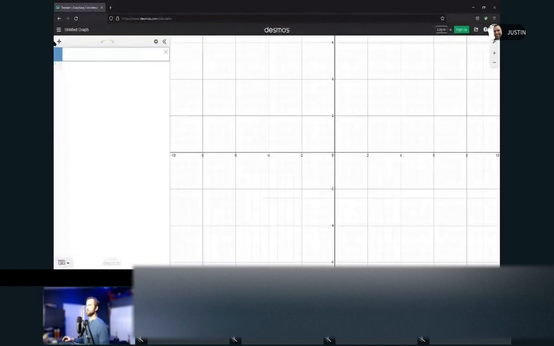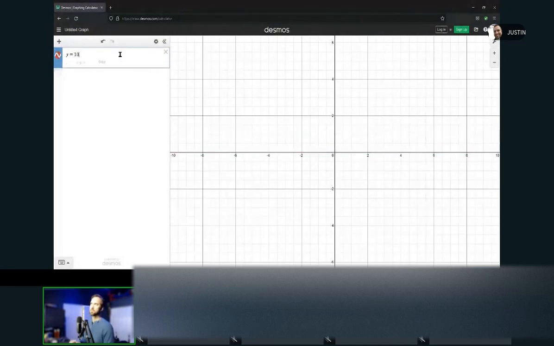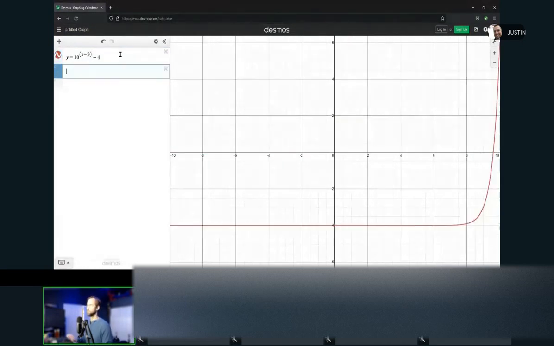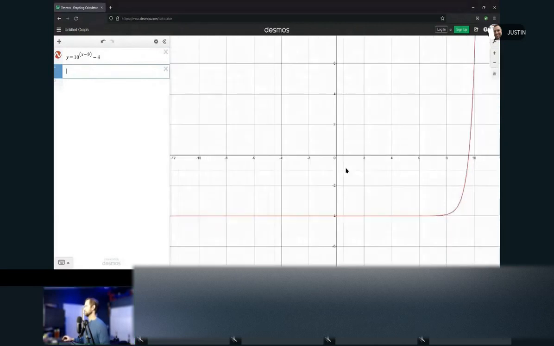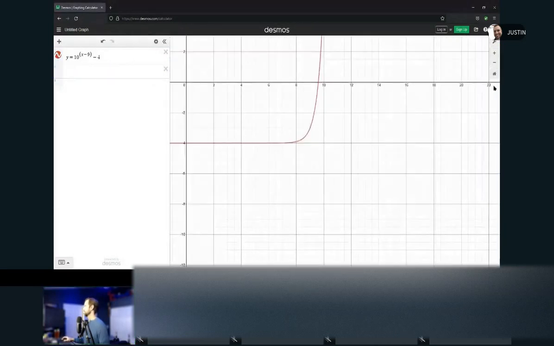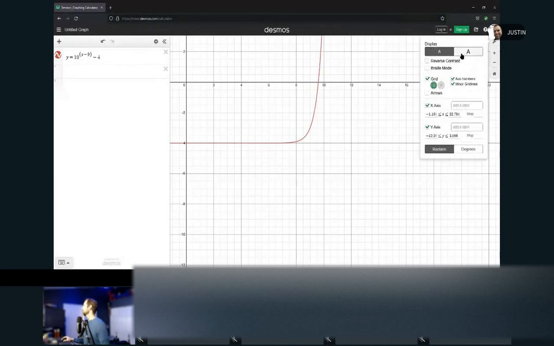Let's type in the original function. So y equals 10 raised to the x minus 9, and then minus 4. I think that's right. Let me make it a little darker.